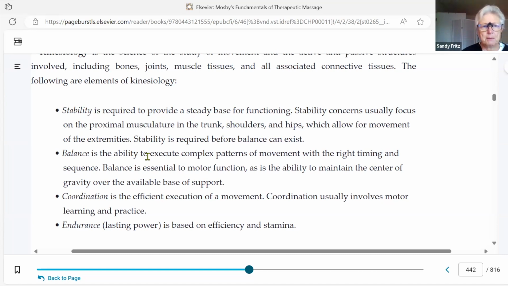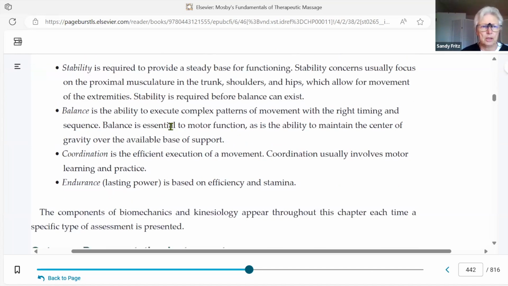Especially during the aging process, when these become compromised for a variety of reasons, this can lead to falls, which is a really serious situation for people who are older. We need to be able to coordinate our movements, and we need to have some endurance. And this is a full body response.